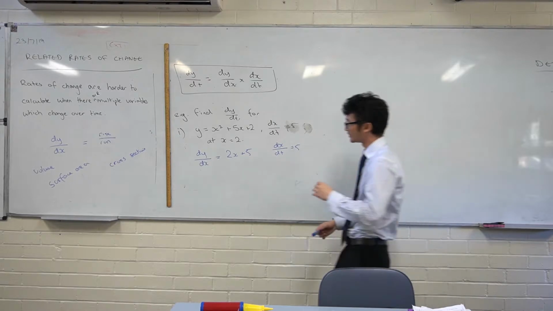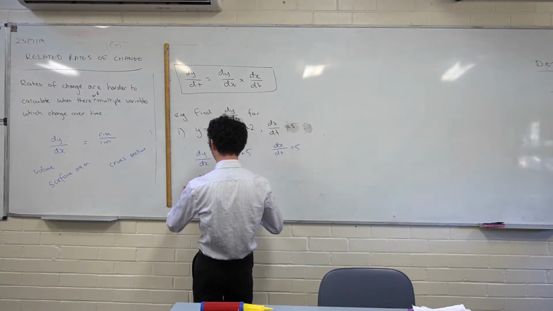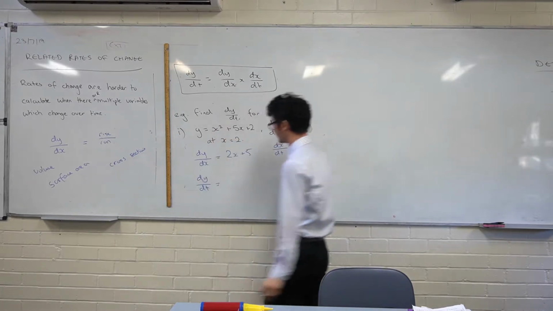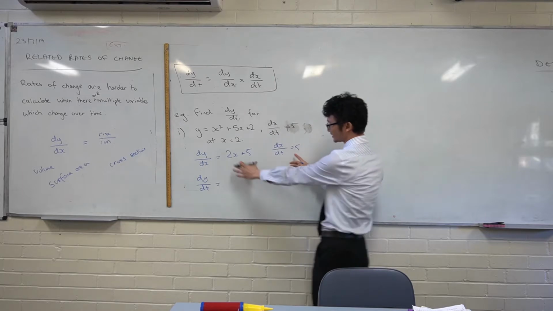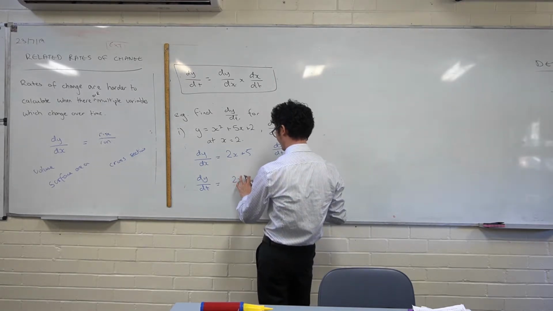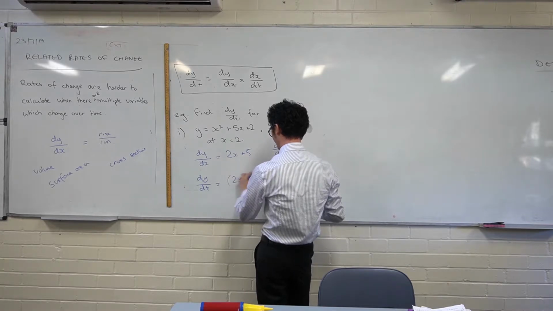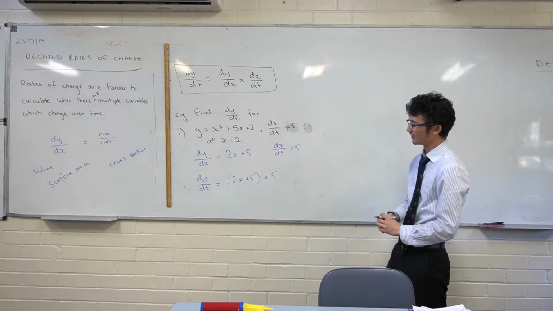So when I'm thinking about this, dy dt then, what's that equal to? Well, that's equal to dy dx times dx dt. That's just these two pieces together. 2x plus 5 times 5. Can't really find a value for it.